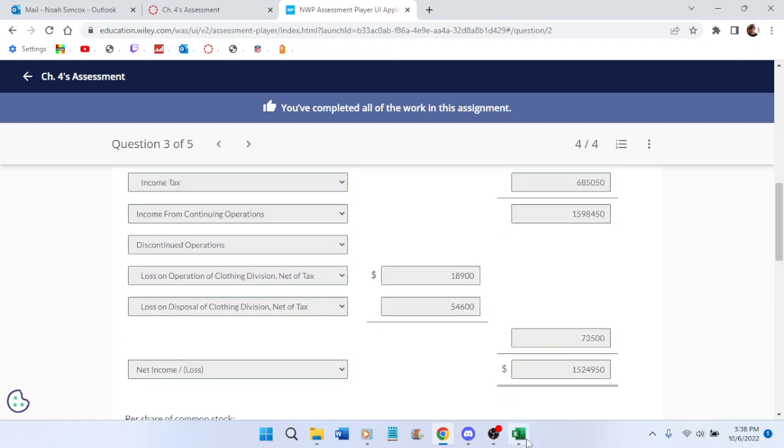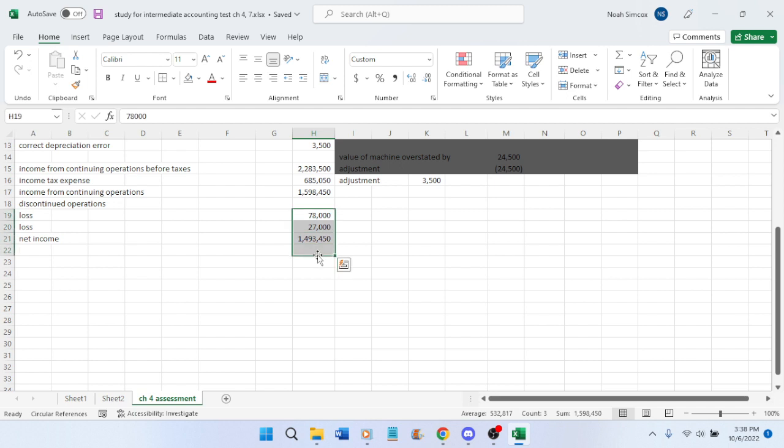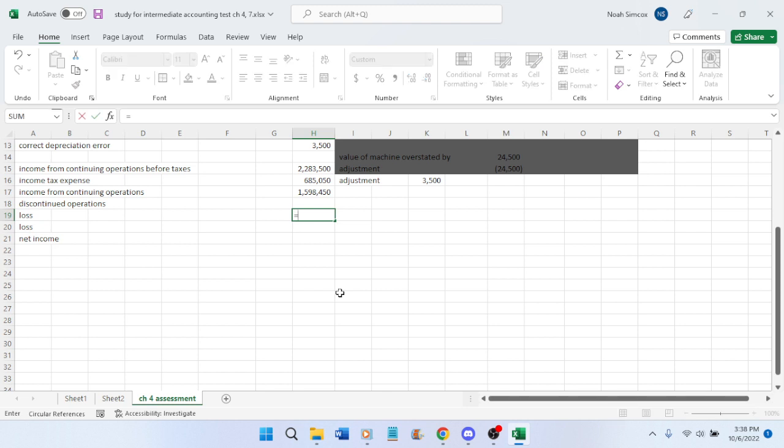Hey, oh, come on. They have to. They said this was before tax, so you have to do it net of tax. God! Equals 27,000. You know what?